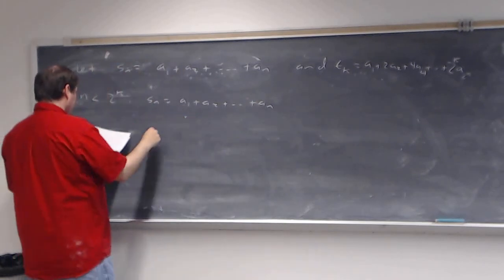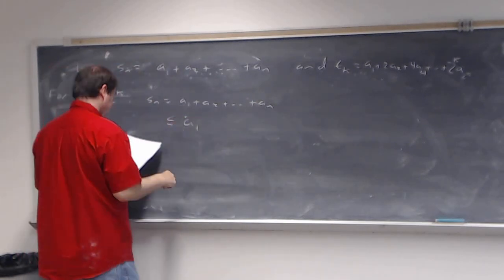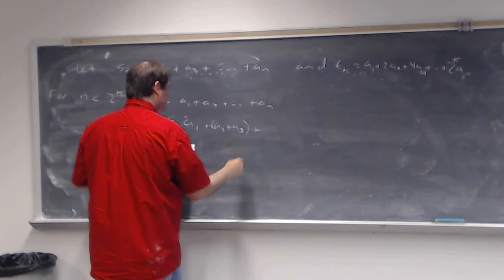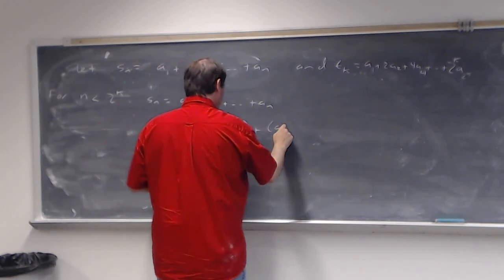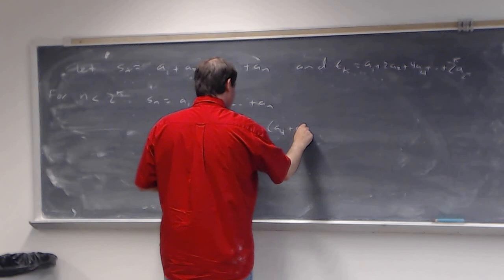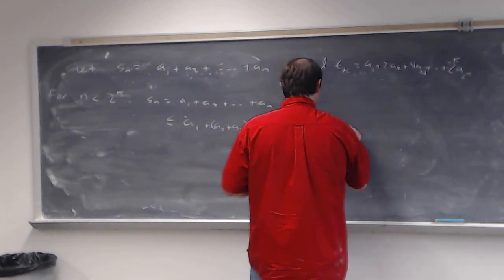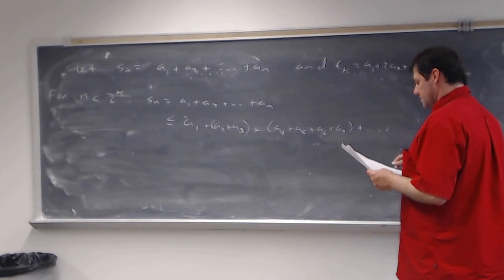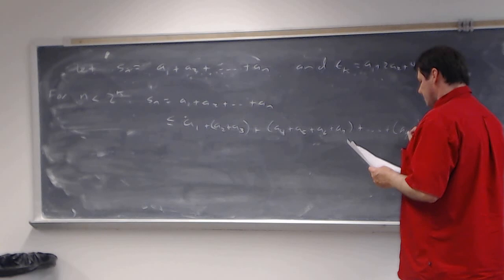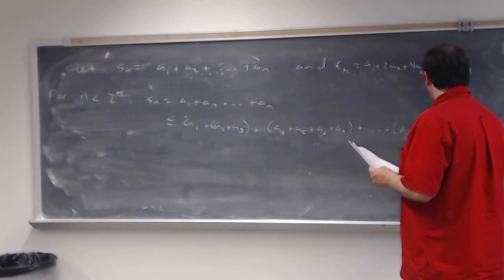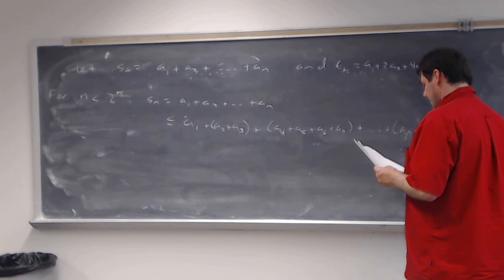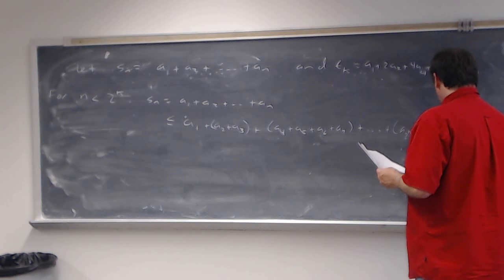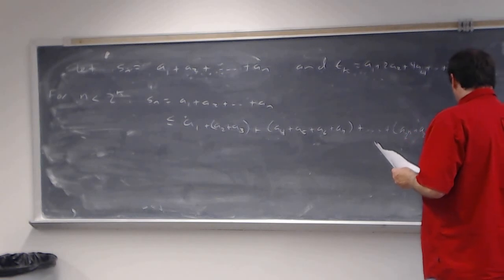Well, it's going to be less than or equal to a sub 1, plus a sub 2 plus a sub 3, plus, and then I'll write down a grouping of a sub 4 plus a sub 5 plus a sub 6 plus a sub 7, plus, we keep adding terms like this, all the way up to a sub 2 to the k, plus a sub 2 to the k plus 1, all the way up to adding the term a sub 2 to the k plus 1 minus 1, like that.